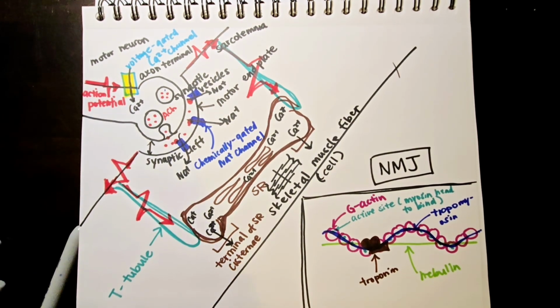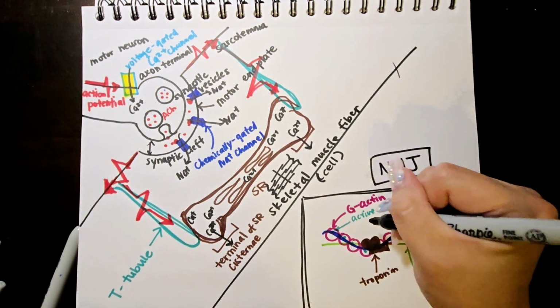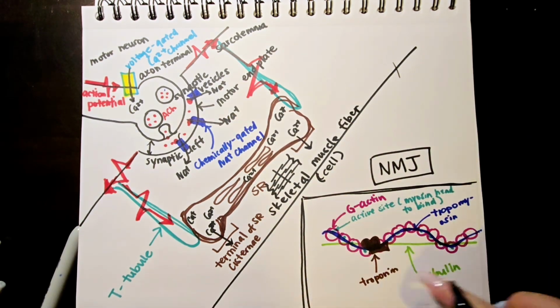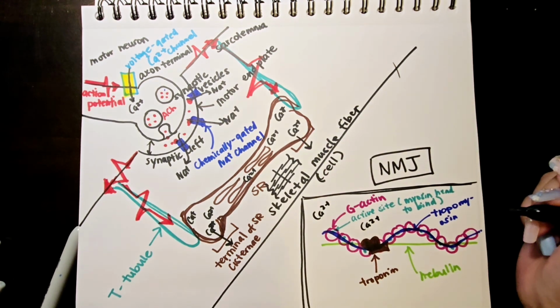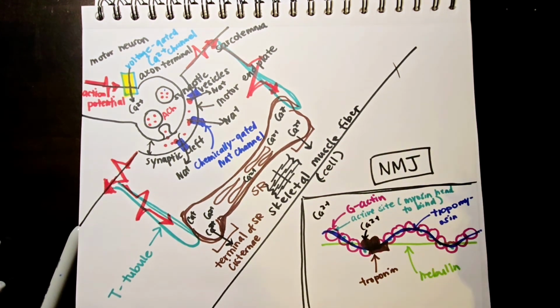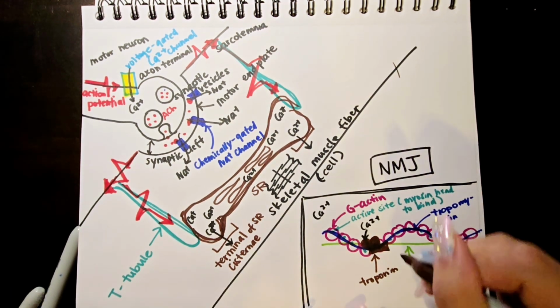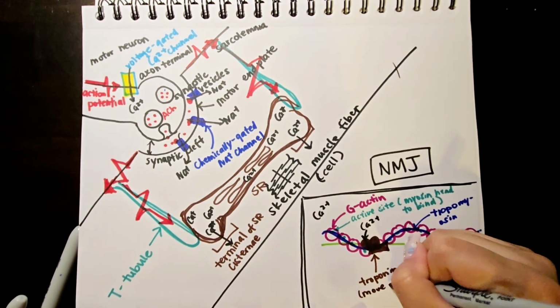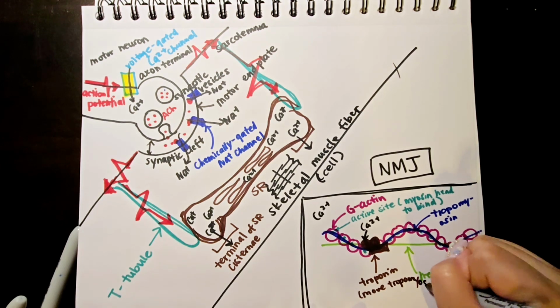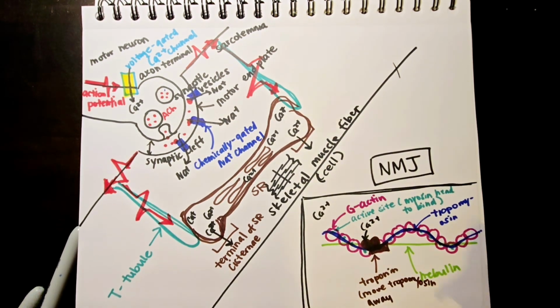So remember, calcium has just gone into the sarcoplasm and it's now diffused into this particular actin strand. So now calcium ions are all around the sarcoplasm like that. It then binds to troponin. Troponin's job is to bind to calcium, and once calcium is bound, it will move tropomyosin away and reveal the active site of g-actin.